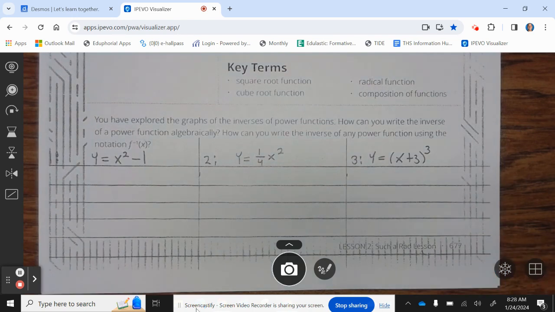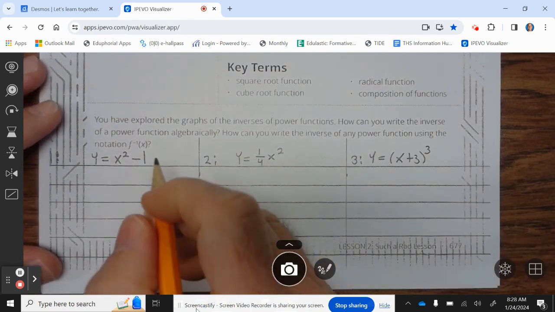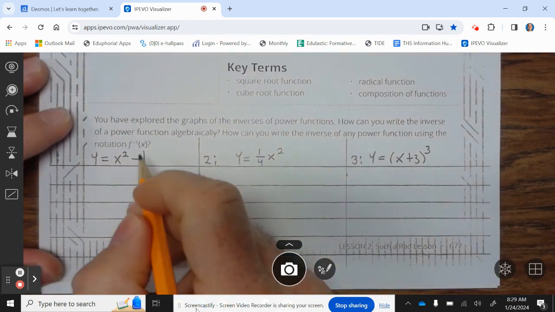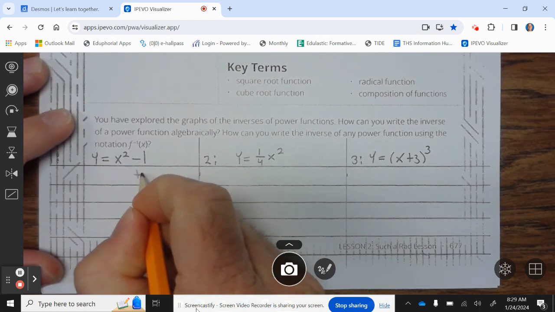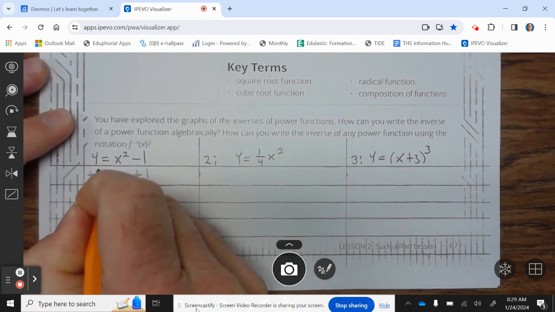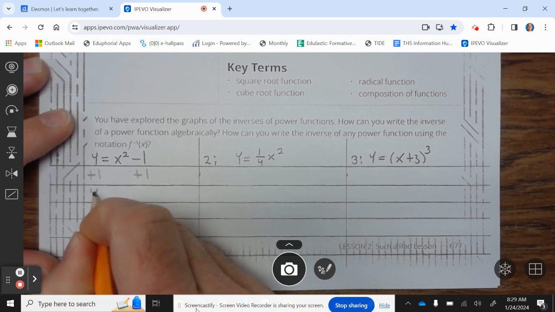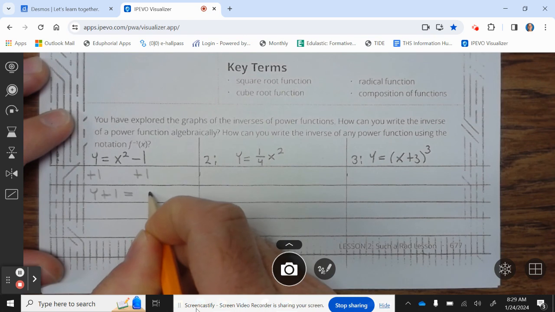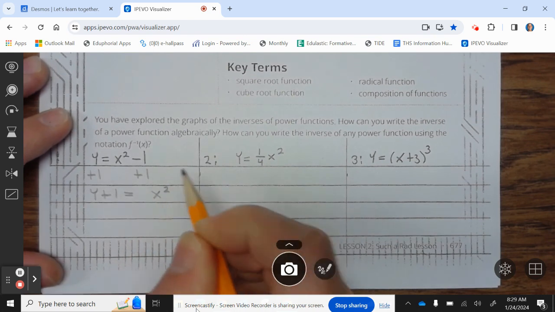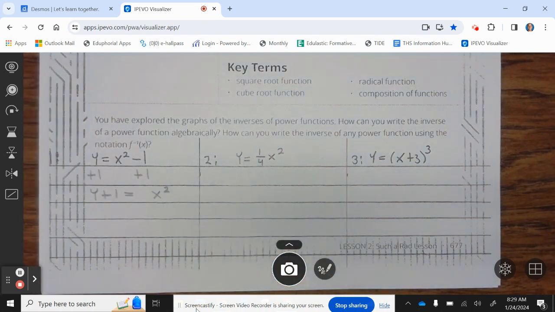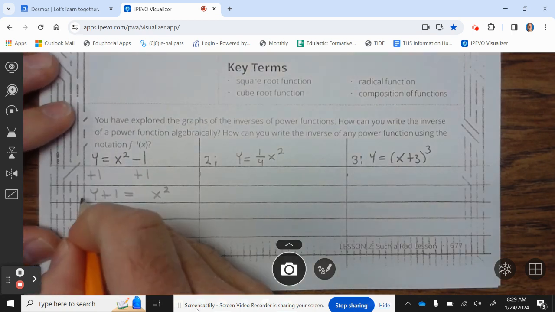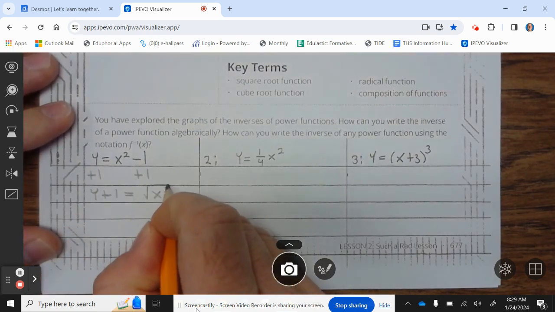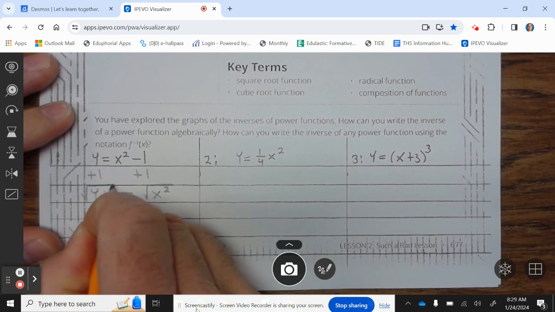Okay, number one. The first step is to add 1 to both sides. You have y plus 1 equals x squared. And then the last step is you're going to take the square root of both sides.